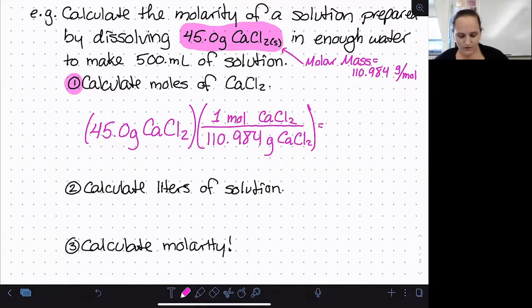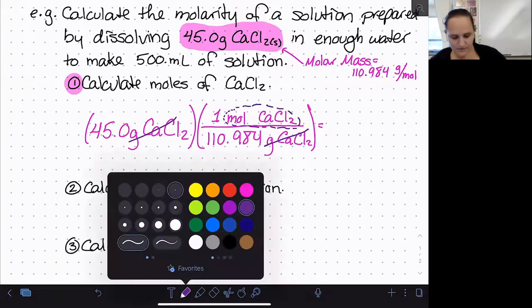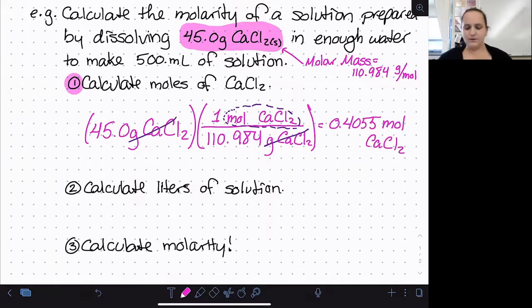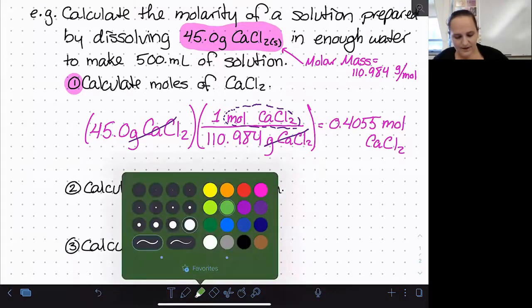So that new unit will go on the top. So grams of calcium chloride cancels grams of calcium chloride. And our new unit that we end up in is moles, which is what we're looking for. So we find 0.4044 moles of calcium chloride, and we're going to need that number again later when we go to ultimately calculate our molarity.